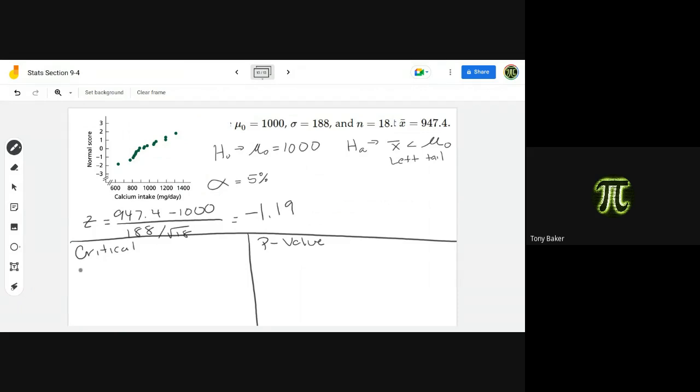All right, so in this case, my z was negative 1.19, and for 5% gives me a z-score of negative 1.645.